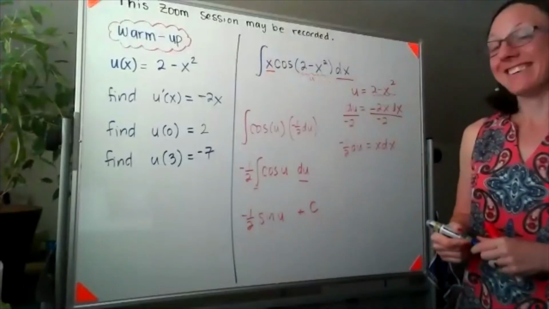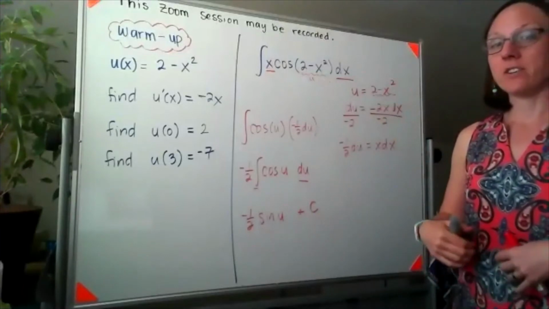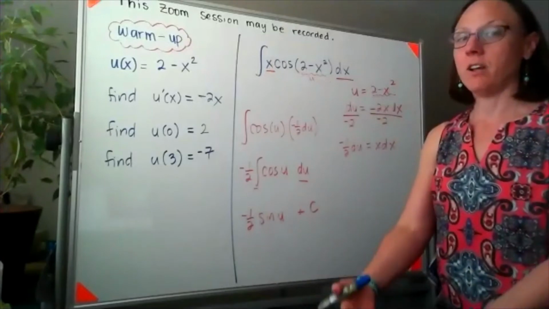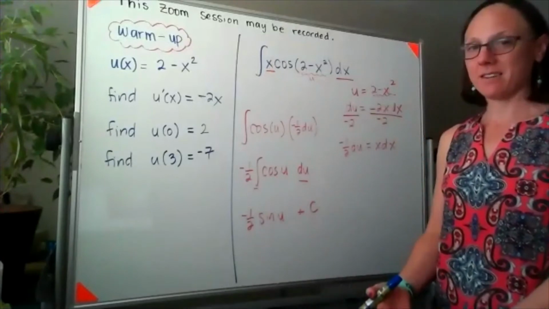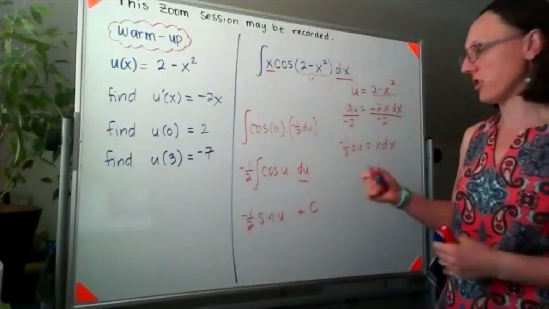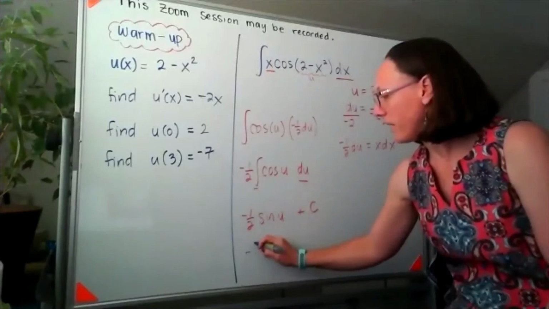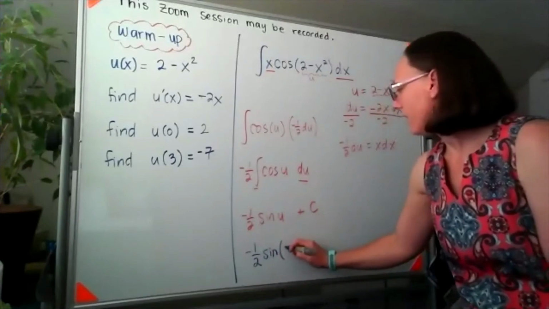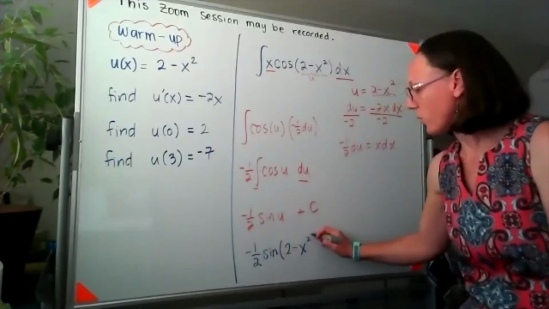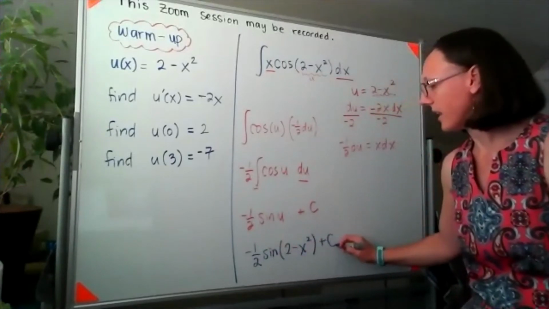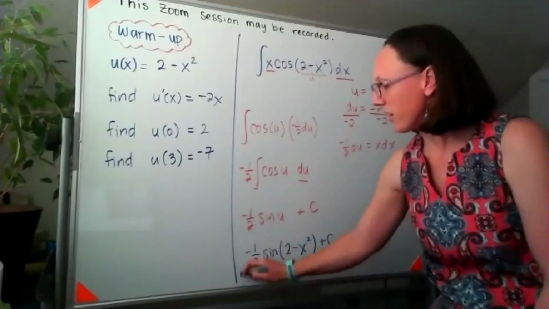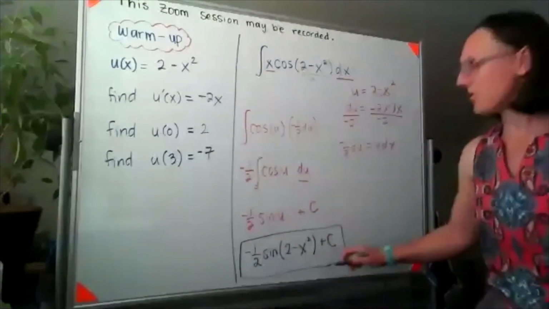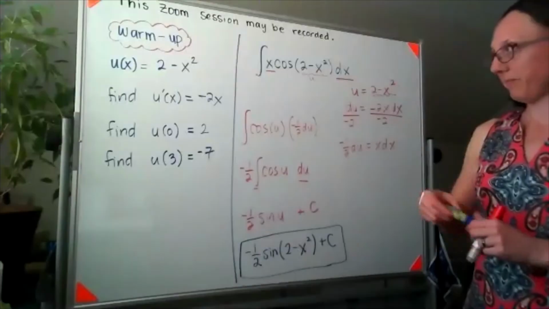If I'm finding the indefinite integral, then I now need to translate my answer back to be in terms of x's, because that's how the original question was asked. So this would become -1/2 sine of 2 minus x squared plus c. That would be my answer to the indefinite integral.